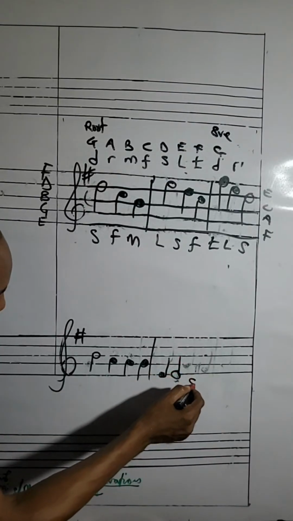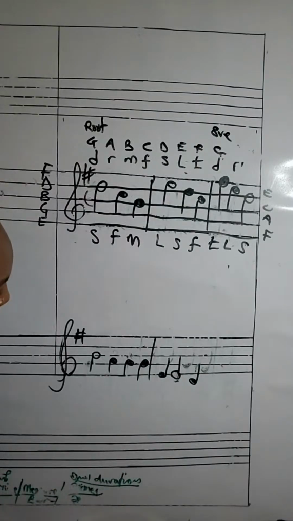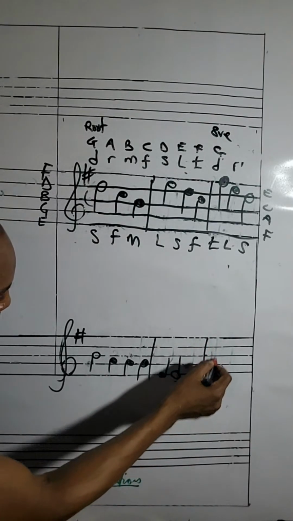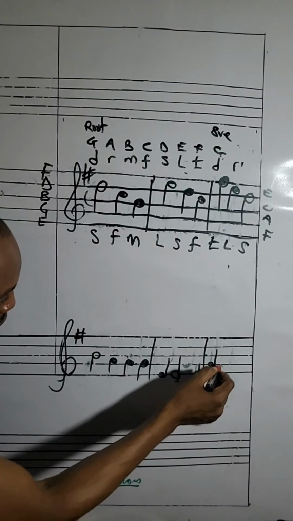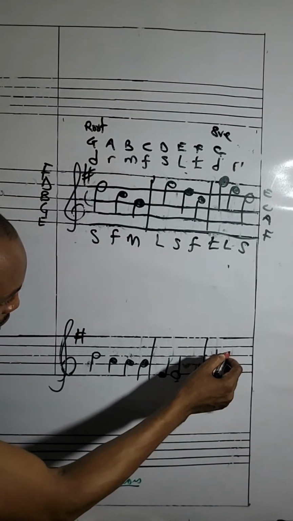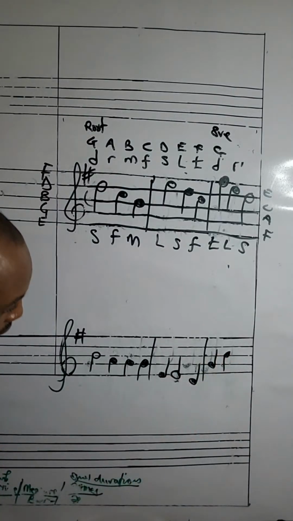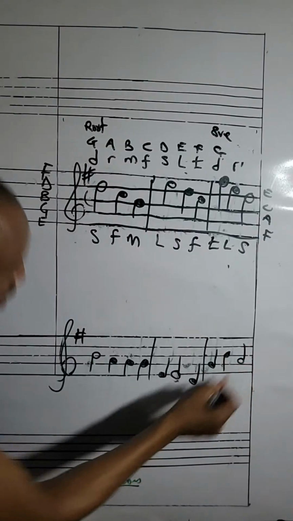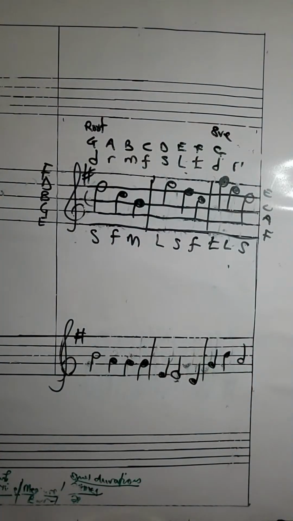Then I have here my D. Then I have G, and this. Okay, this is quite simple, right?